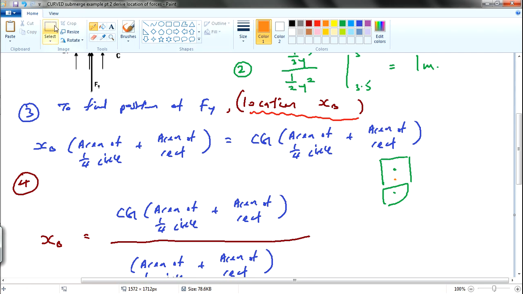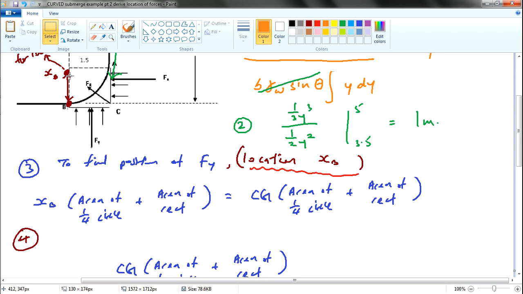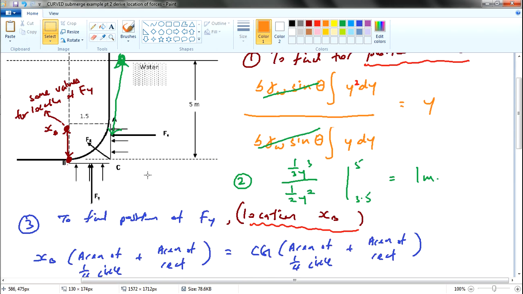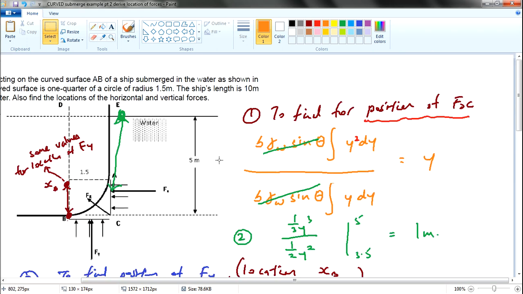I hope you get what I mean. So you use this concept, and then you can find your position at xb, the CG of the whole shape. Shape, not ship.